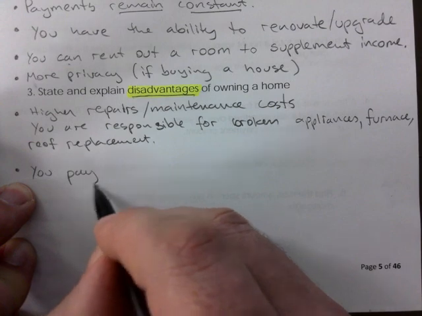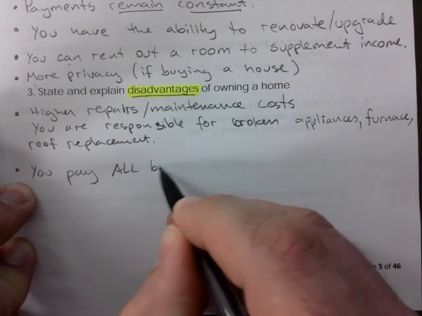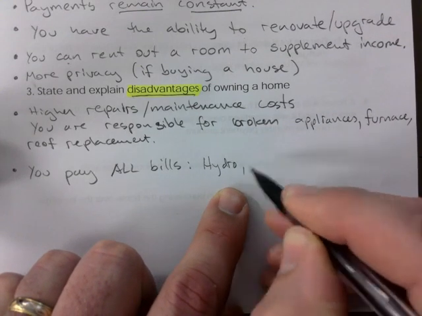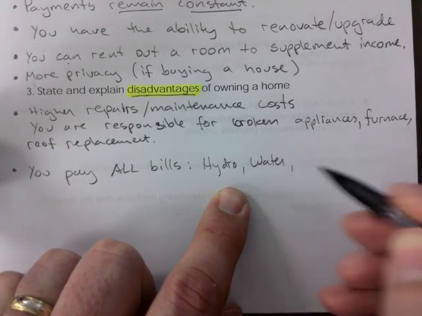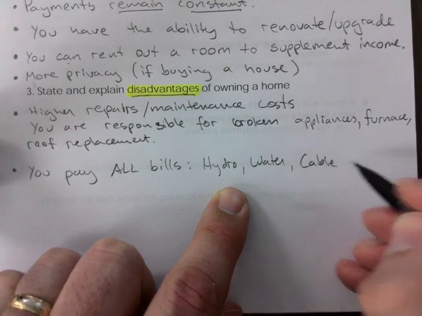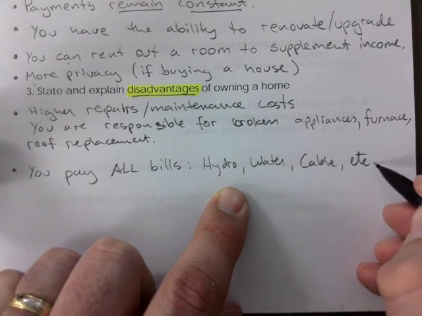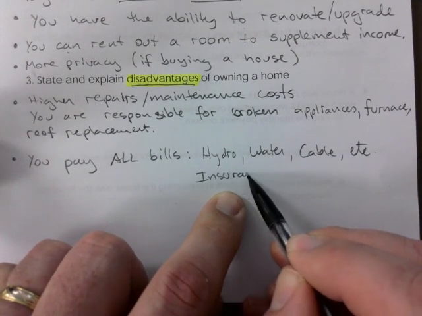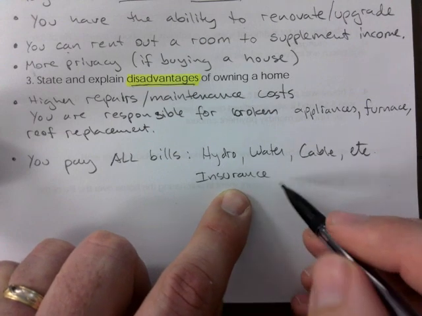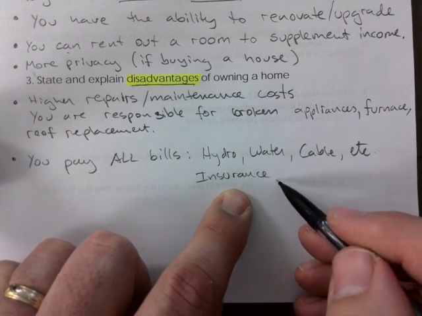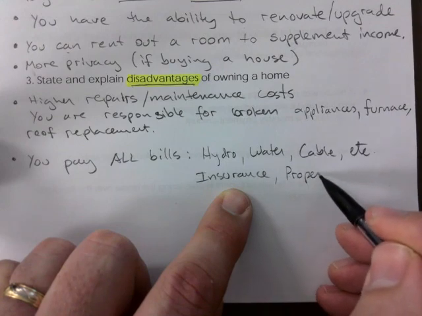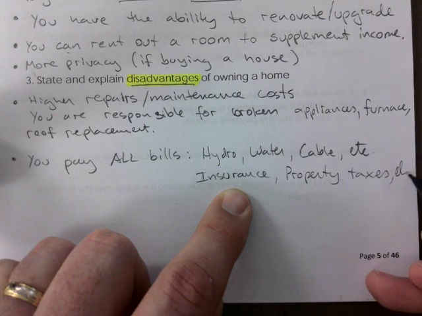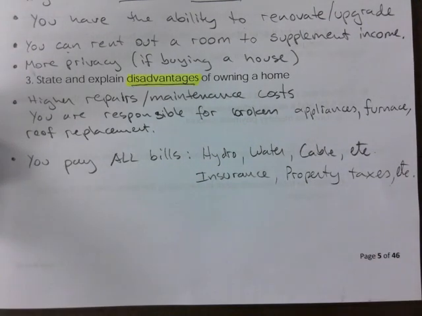You pay all bills, right? So you have hydro, water, cable, etc. I'll add this because this is kind of unique: insurance, property taxes, etc. And these add up to a lot.